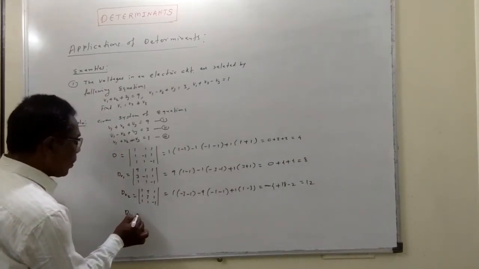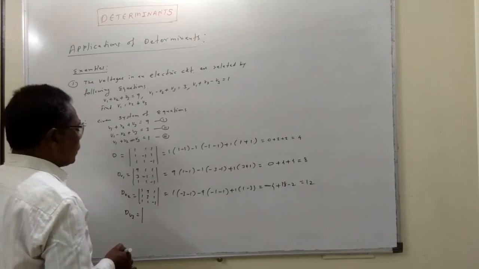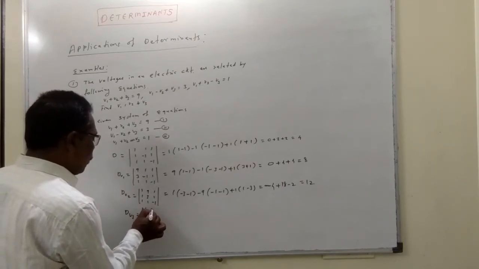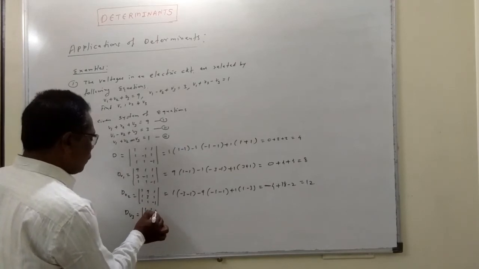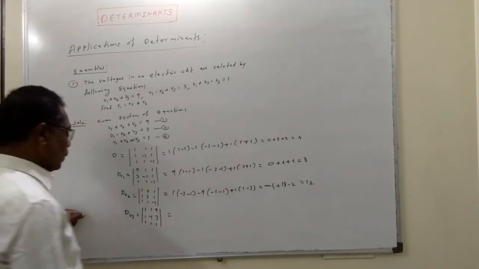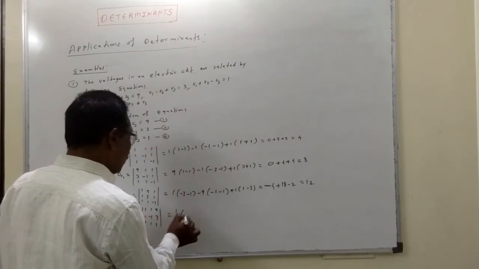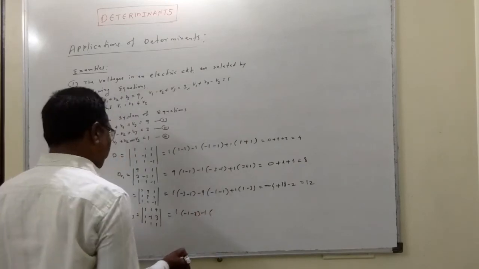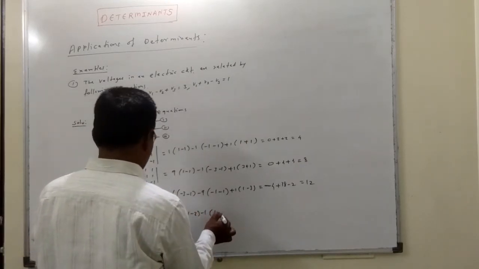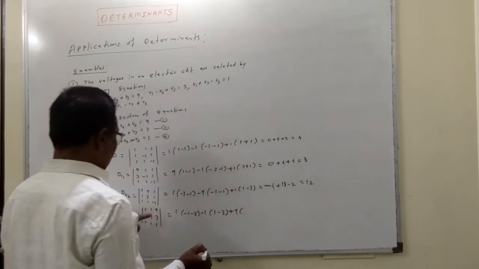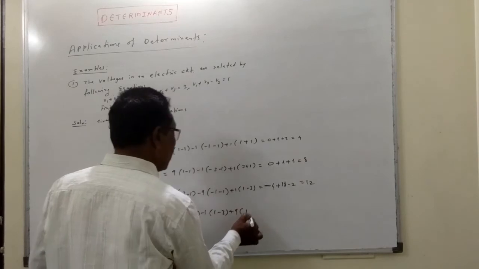Dv3 is equal to the determinant. Now the third column is replaced in D, so we get 1, 1, 1, 1, minus 1, 1, 1, 9, 3 and 1. So that is equal to 1 into minus 1 minus 3, minus 1 into 1 minus 3, plus 9 into 1 into 1 minus minus plus 1.